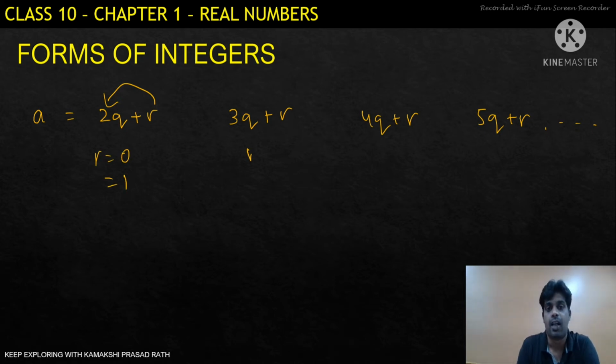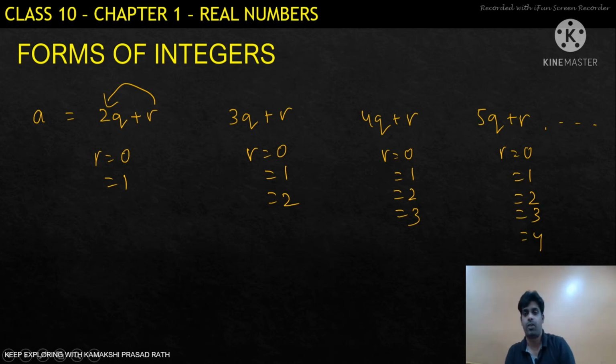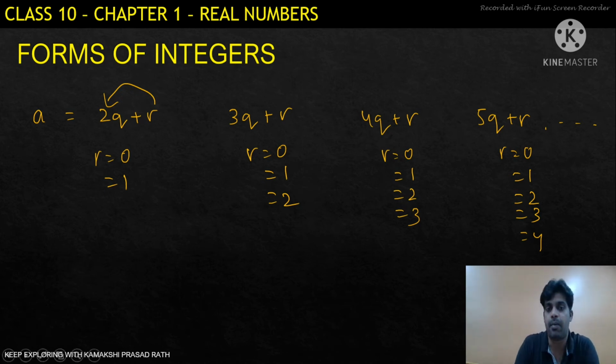Similarly here r can be 0, 1, 2. Here r can be 0, 1, 2 or even 3. Here r will be 0, 1, 2, 3, up to 4 it can go. So as we said, the minimum is 0 and the maximum cannot be equal to the divisor, it is just less than the divisor.